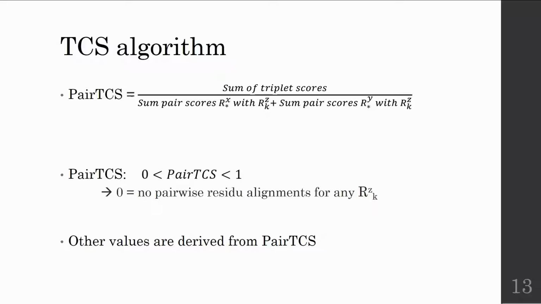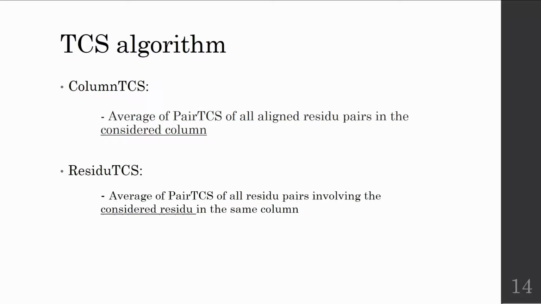Now, as I said, the other values are derived from the pair TCS, so we will go on to the column TCS. The column TCS is an average of pair TCS, so it is the average of the pair TCS scores of all the aligned residue pairs in one considered column. And then you have the residue TCS, which is the average of the pair TCS scores of all residue pairs, but only involving the considered residue in the same column.